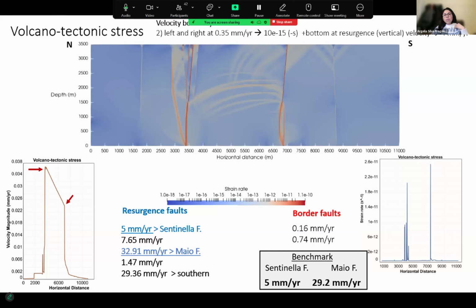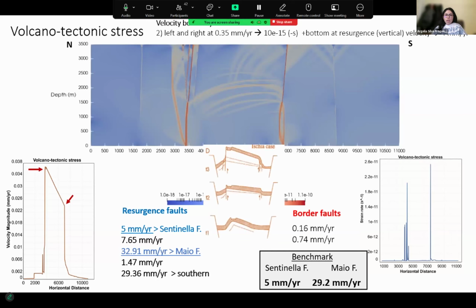This velocity profile is very interesting, given that it not only represents the similar asymmetric topography that characterizes the resurgence block of the island, but also we can see that the maximum magnitude of the velocity is not the same as that I impose at the bottom of the model.